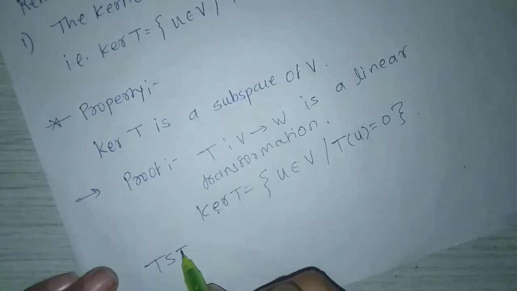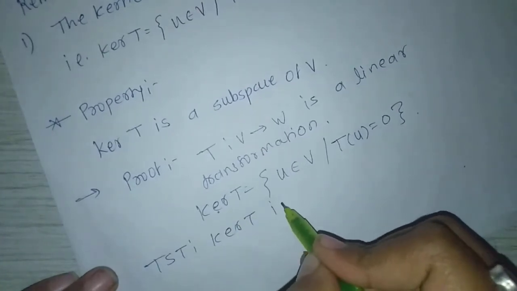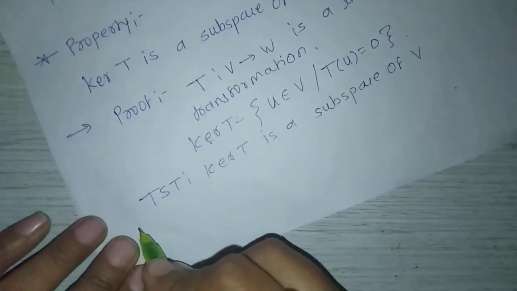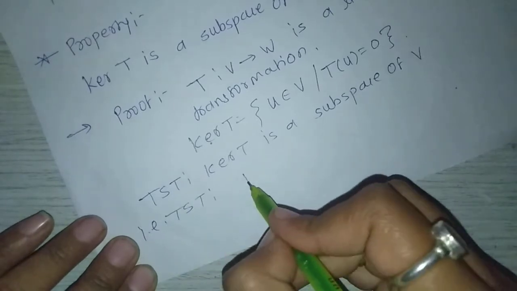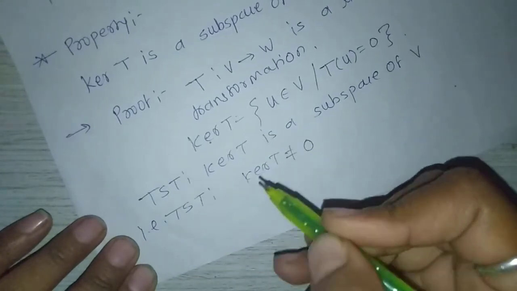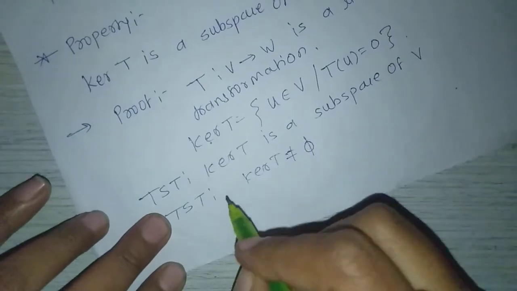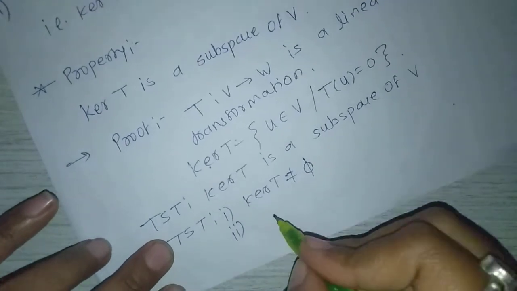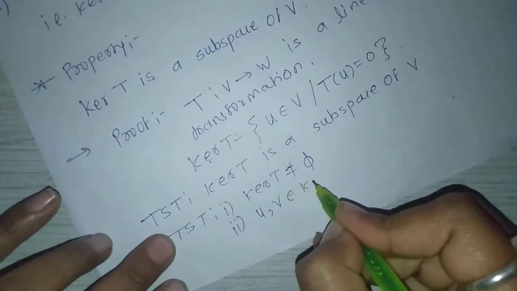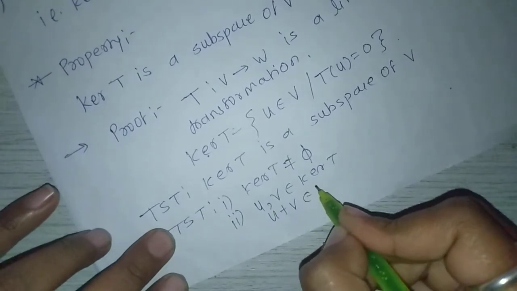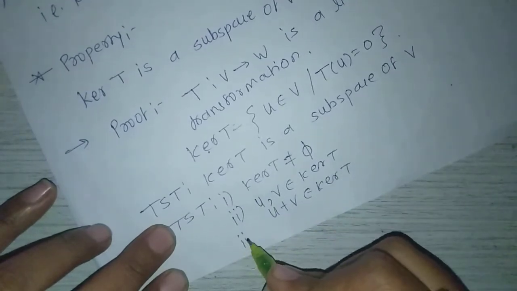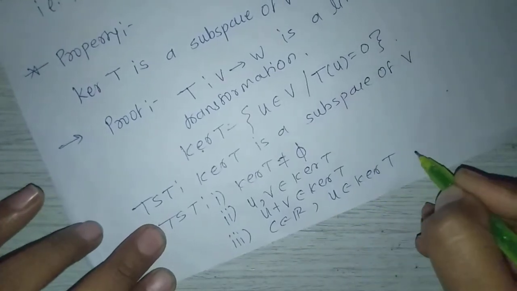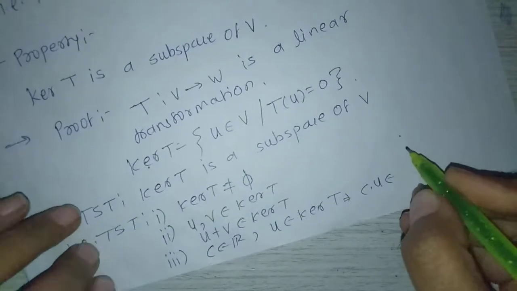Now, to show that kernel of T is a subspace of V, we need to show, by the definition of subspace, first, that kernel of T is non-empty. Second, if u, v belong to kernel of T, then u plus v also belongs to kernel of T. And last, if c belongs to R and u belongs to kernel of T, then c times u also belongs to kernel of T.